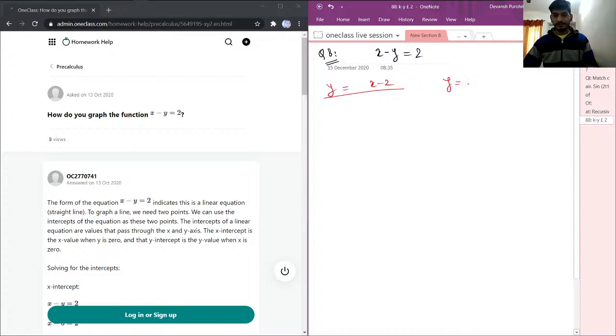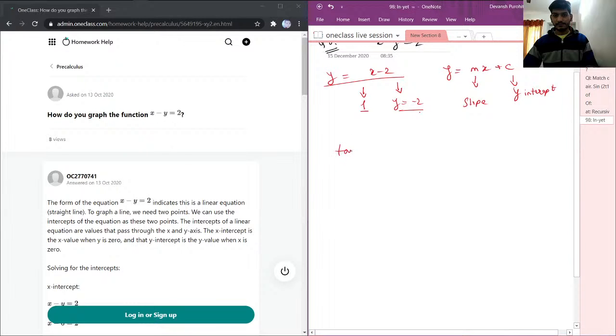So this is a graph like y equal to mx plus c, where c is going to be my y-intercept and m is going to be the slope. Now we can clearly see that in this equation the slope is 1 and the y-intercept is negative of 2.